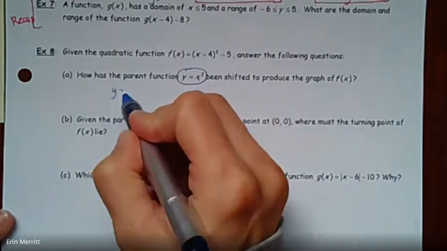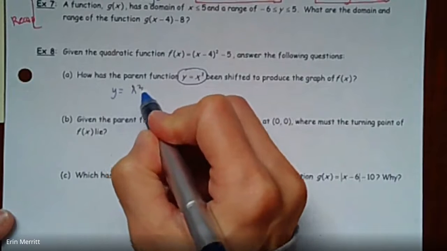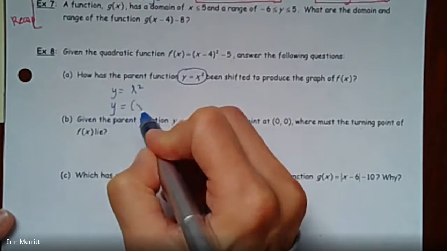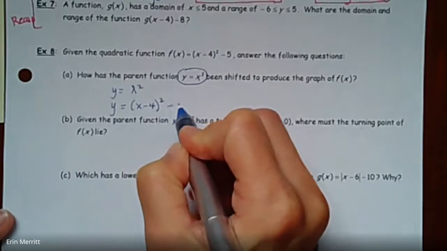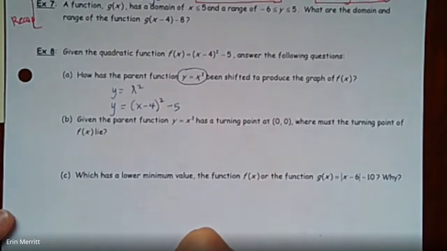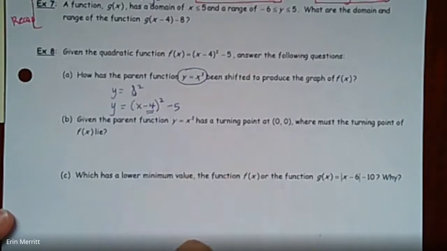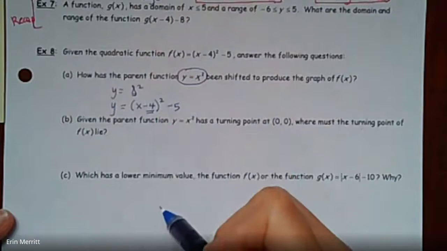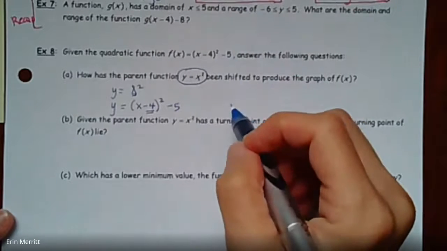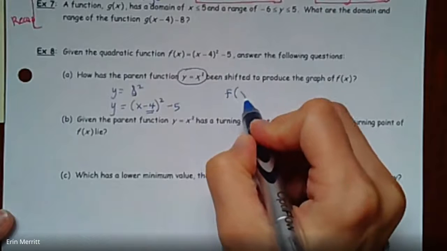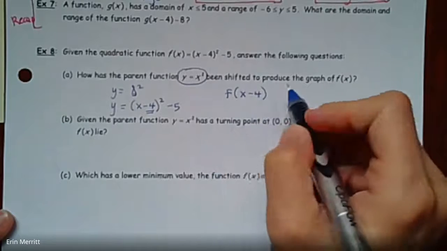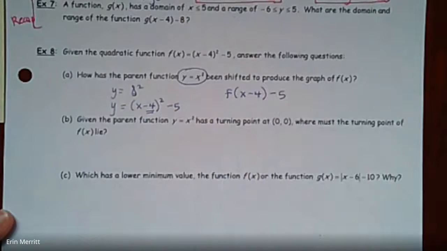All right. So if I have x squared and then it goes to (x minus 4) squared minus 5, what you want to think of is that on the inside of the parentheses, we tacked in a minus 4. And then on the outside, we have a minus 5. So in terms of function notation, on the inside went a minus 4, on the outside went a minus 5.